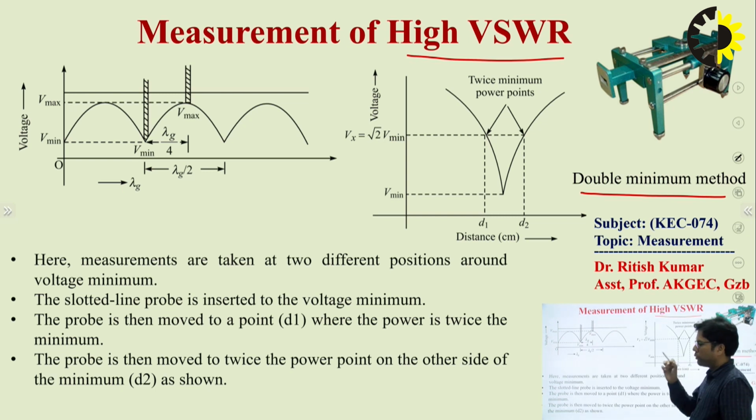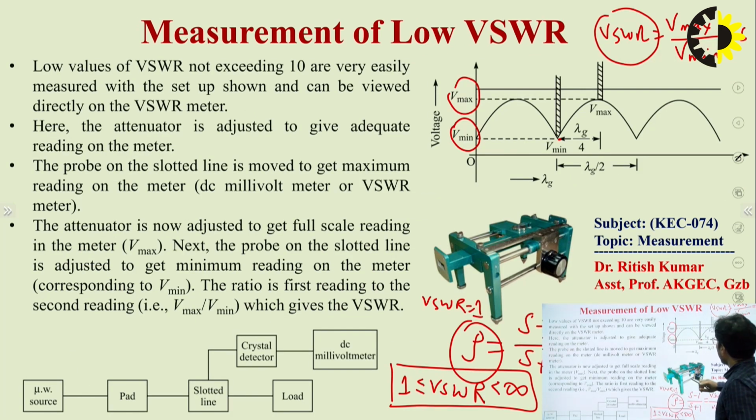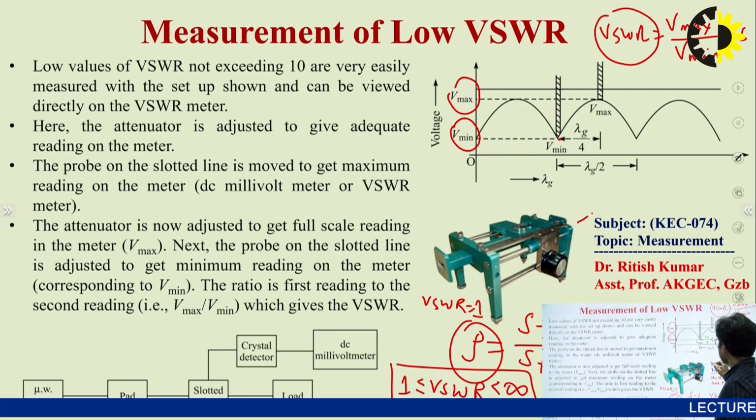There is a knob you can move in the forward direction and the backward direction as well. So this is why we are calling this the double minima method. Here I am moving this knob in the forward direction.